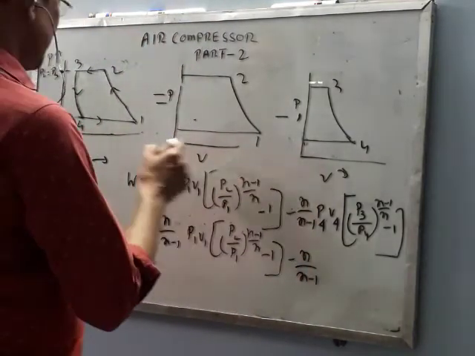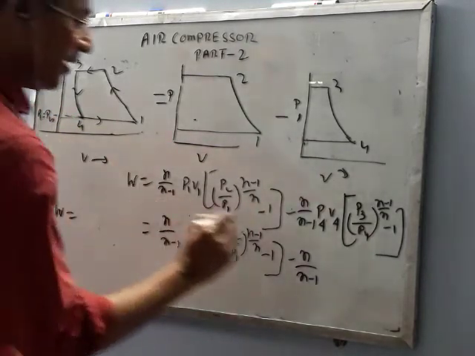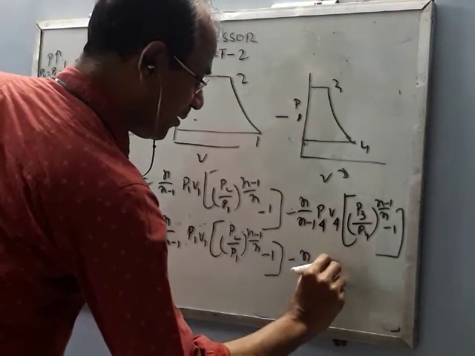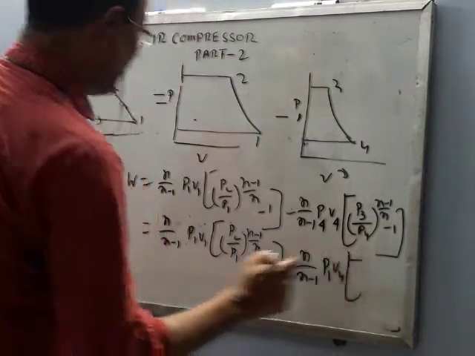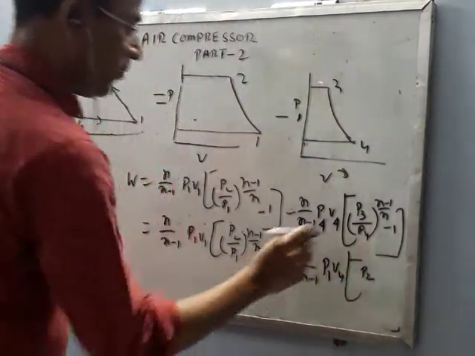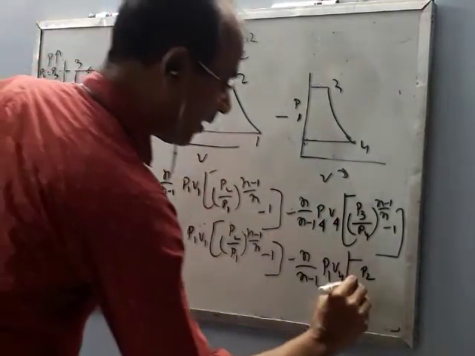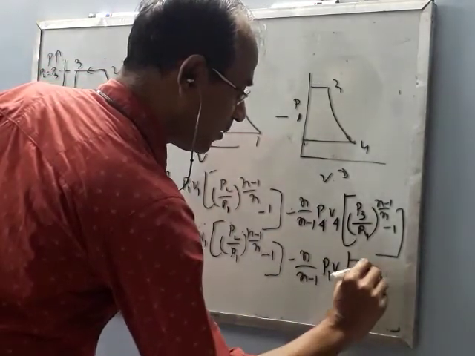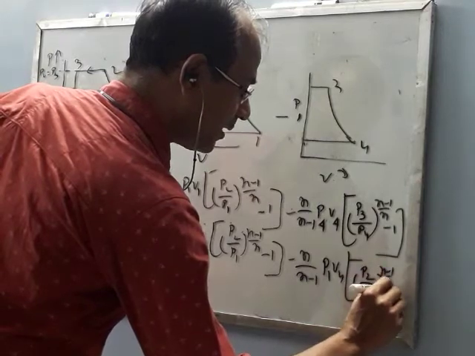P4 means, what is P4? P4 is equal to P1, so P1 V4. And what is P3? P3 is equal to P2. So P2. What is P4? P4 is equal to P1, divided by P1 to the power n minus 1 by n.